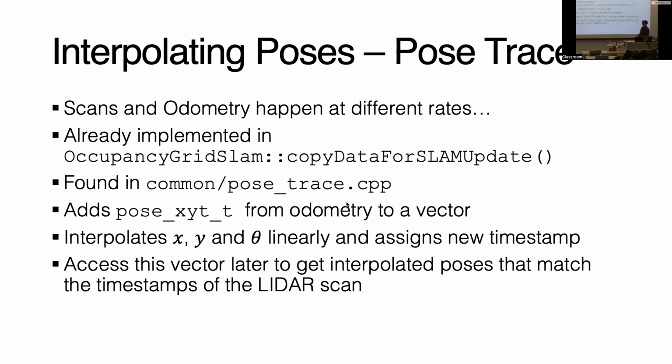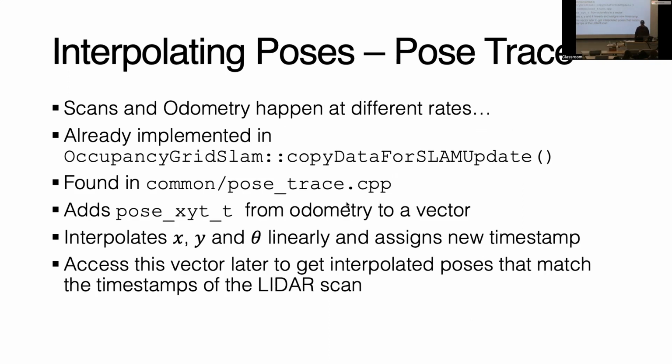To do this, we have what we call the pose trace, implemented for you in common/pose_trace.cpp. The idea is that we add all of our poses from odometry to some vector, and it has functions to access an interpolation of X, Y, and theta based on the timestamps in the odometry and the timestamp that we want out.